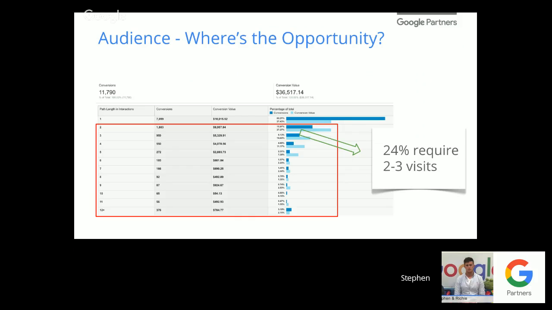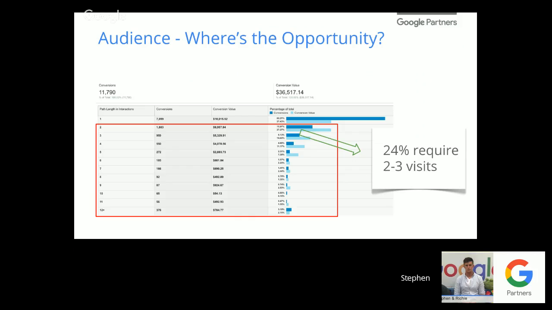Here is the path length report. Within conversions and multi-channel funnels again, it's the sub-tab that says path length. As you can see here, 24% of people require 2 to 3 visits, and 40% of people need more than one interaction to actually convert.